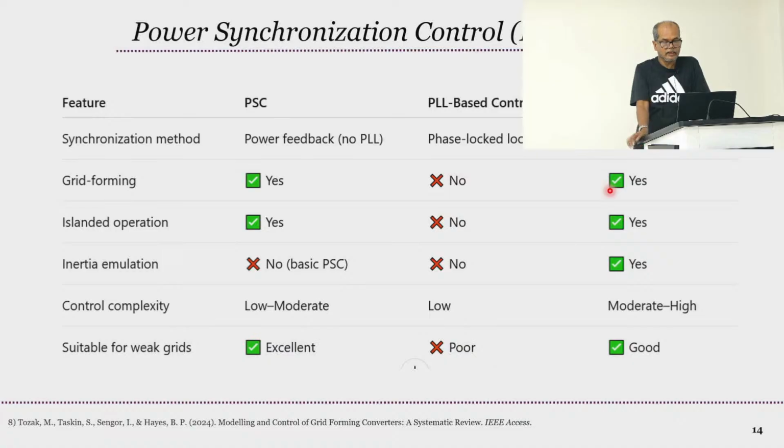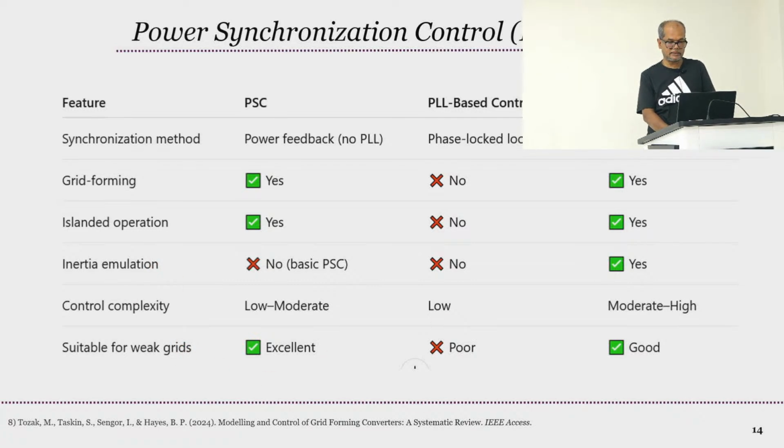Now here is the comparison of these three we have talked about so far: which one provides which function. For example, grid forming, islanded operation, inertia emulation, complexity, and which one is good for weak grid.